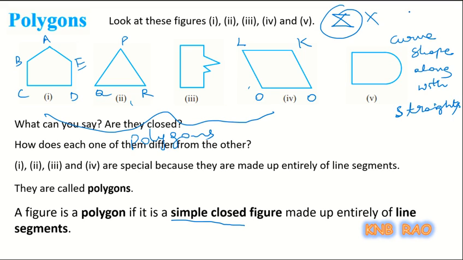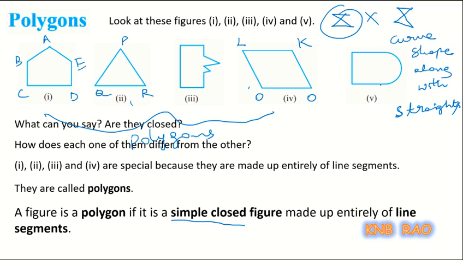See, I will draw once again. First line segment, next, third, fourth. Without lifting, I have drawn with line segments, but it is crossing itself. That's why it is not a simple curve. So if it is not a simple curve, it cannot be a polygon.